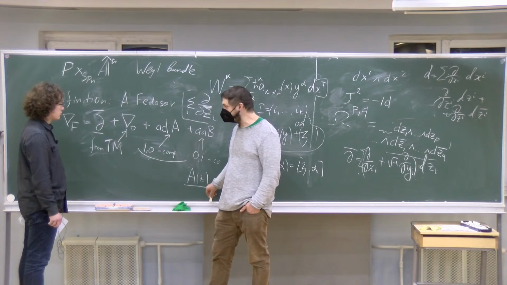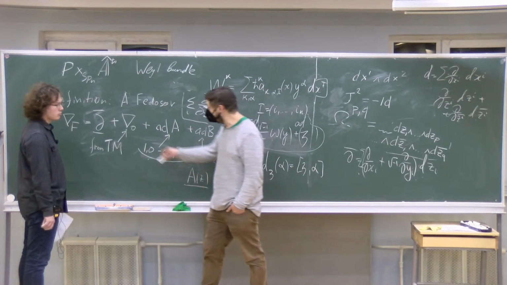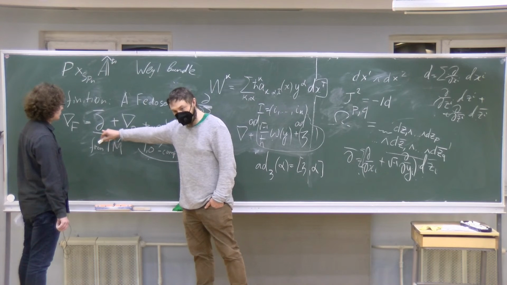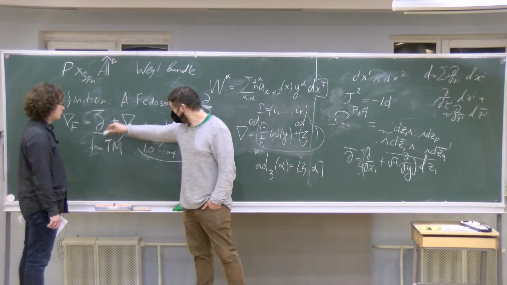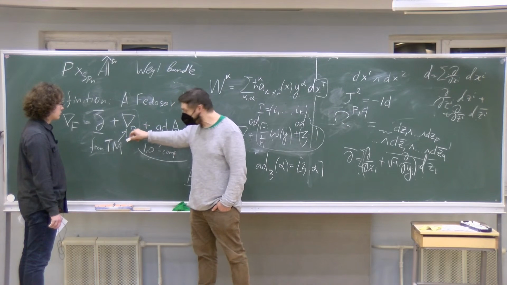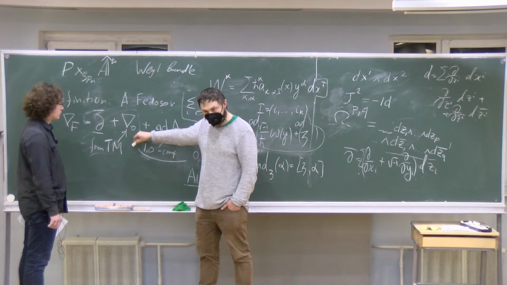And that's why we can actually choose the connection on any holomorphic vector bundle in such a way that the anti-holomorphic part of the connection will just coincide with d bar. And everything else will be the remaining part of the connection, so to say, the holomorphic part. And this holomorphic part might be very complicated.